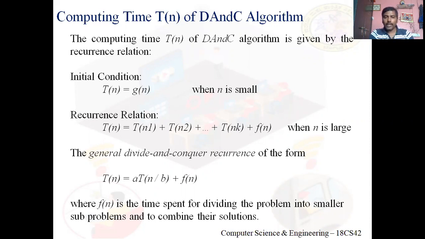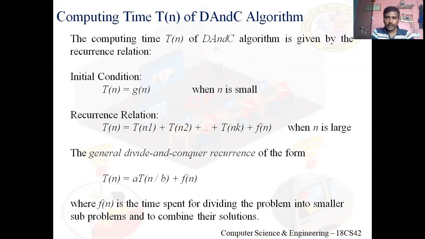T of n is the time to get the final answer for the main problem, but since it has been divided into a subproblems of size n by b, I need to take into account the time taken to get the answer for each of the subproblems.